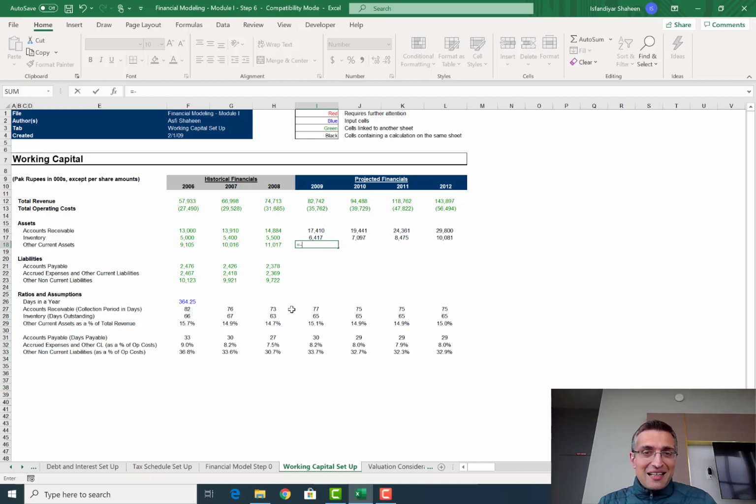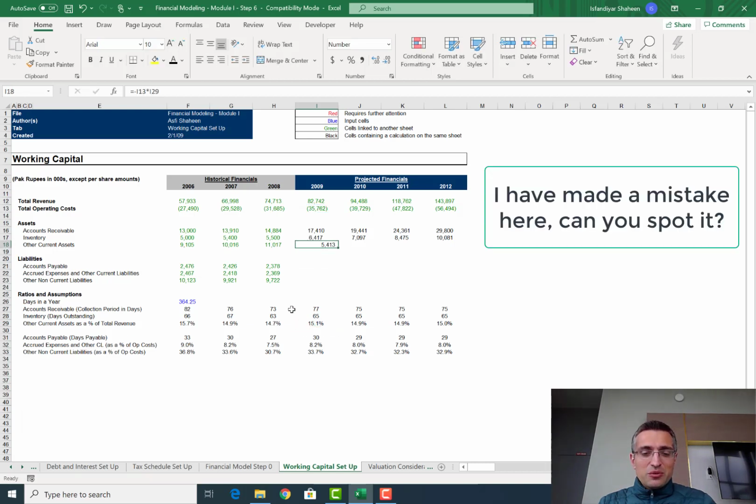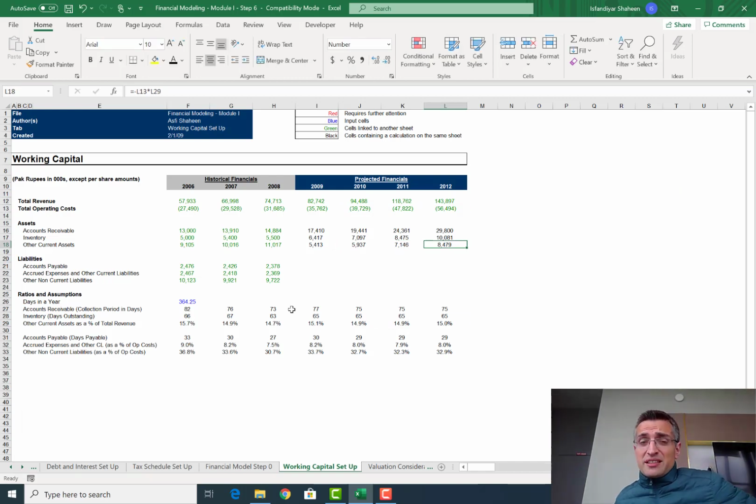forecasting other current assets, that is simply a percentage of total operating costs. And so in this case, now you don't need to project days. You can just take the percentage. And this is where people generally start wondering, what's the point of even forecasting working capital in days? And it goes back to contracts.